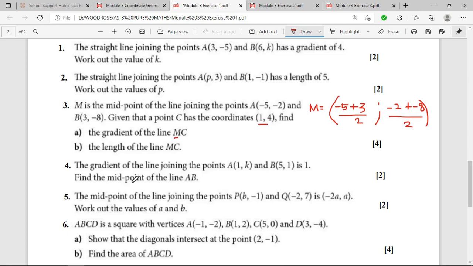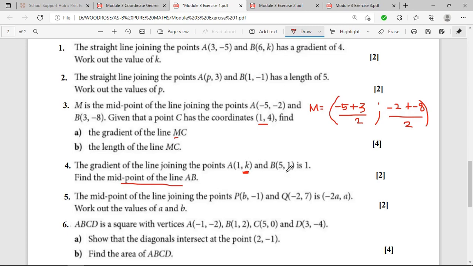it's 1. Find the midpoint of A and B. So now in this case, to find the midpoint of A and B, you need to find the value of k first, because here point A has got a k which is unknown. But if you look at what we have done on number 4, I think you are now able to find the value of k.